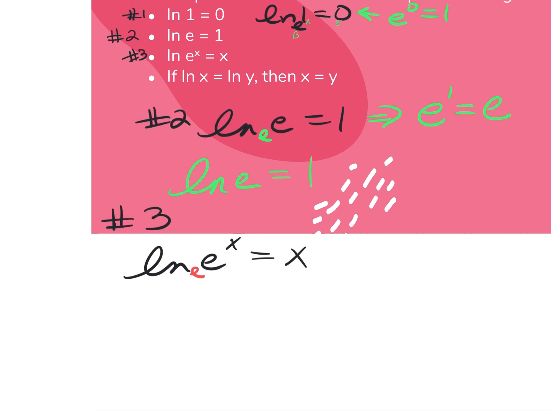If I turn it into exponential form, and again, remember it's BAE, so it's e to the x equals e to the x. So this is why I can say this property. Now, one other thing that you can watch is whenever you see ln e, you know it's equivalent to 1. So again, notice this would cancel out, and then you're left with x equals x.